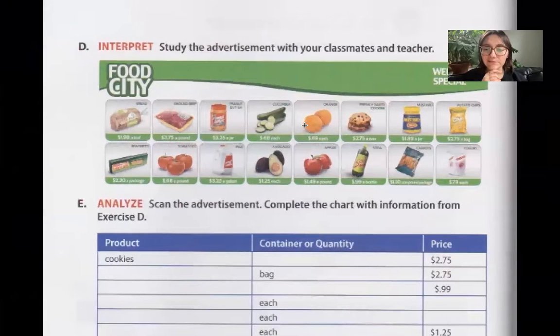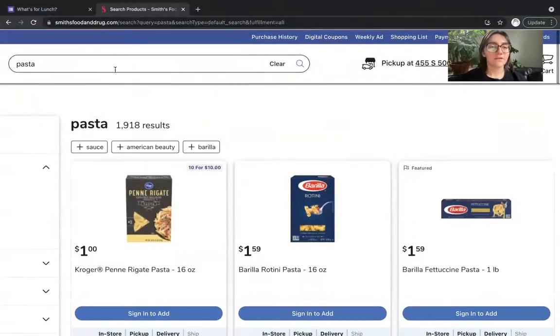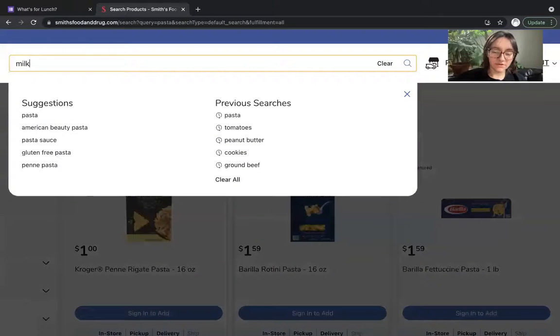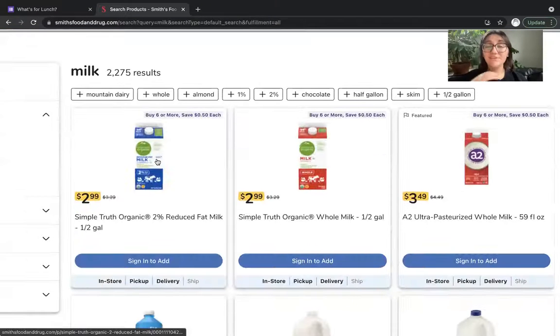Next thing, what's the last thing we'll look up? Let's look up milk. Let's look up the milk price. Okay, so there are different kinds of milk now, right? I guess there's always been different kinds of milk. You can have soy milk, you can have dairy milk, which means it comes from an animal, a cow.